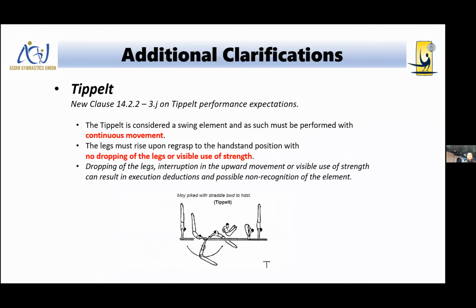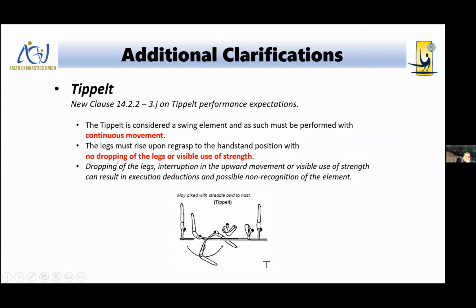The next clarification is on Tippelt. Actually, there is no change, but since many gymnasts perform Tippelt, it was important for the technical committee to come out with the expectations for Tippelt. They say majorly two things: that it is a swing element and it has to be performed in a continuous movement, and the legs must rise upon regress.